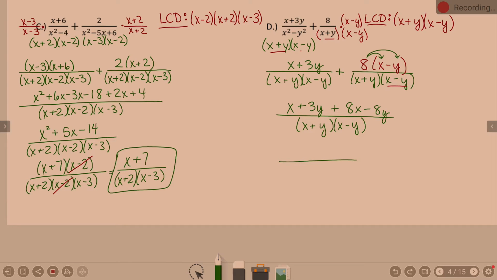Clean it up. We're almost there. Denominator is x plus y, x minus y. What about the numerator? x plus 8x is 9x. 3y minus 8y is minus 5y.